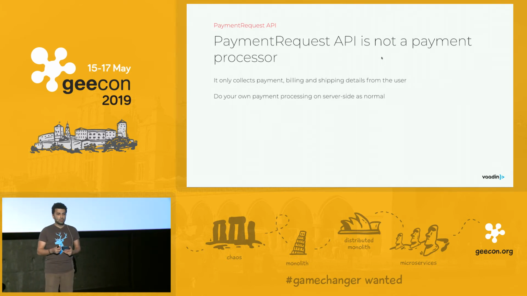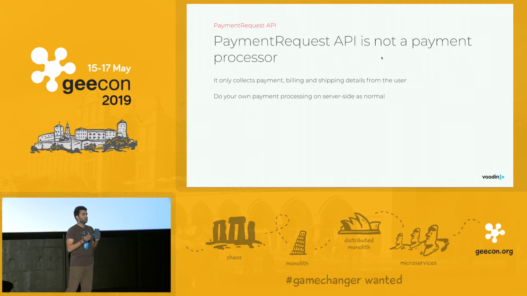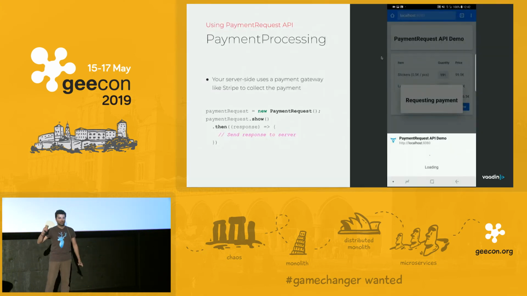So again, I'd like to remind you that it's only a way to collect the payment information. It's not a gateway. It will not process the data. Your users need to understand that what they see is an alternative to the classical form. Instead of you as a developer building a lot of forms, we ask the browser to show a form for us.